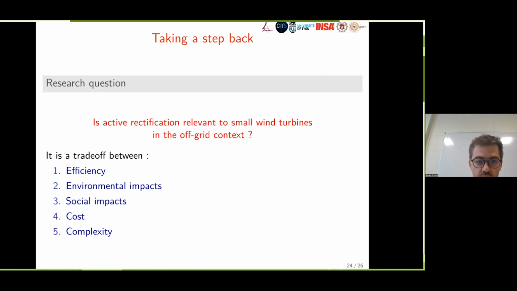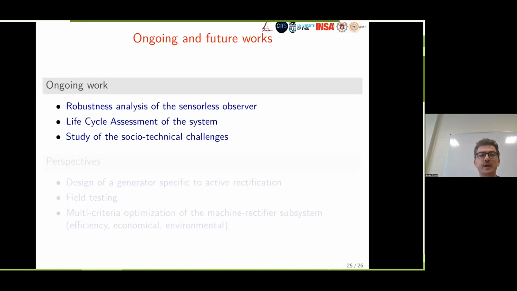It's not an easy question to answer, but what we are trying to do is analyze the robustness of our sensorless observer, because we are doing mechanical sensorless control, not to complexify the mechanical design, so to avoid the need of a mechanical sensor which measures the position of the rotor. We also conducted a life cycle assessment of the system. We are also conducting some socio-technical studies.